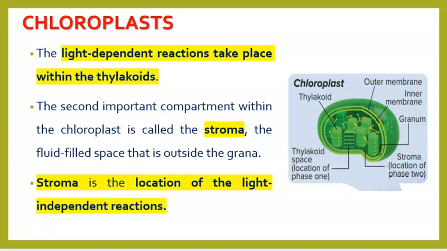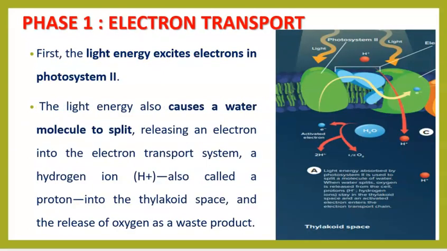Now going into the details of phase 1. The first part of phase 1 is electron transport. Before we go into that, there is something else that you should know. In photosynthesis, we talk about something called a photosystem.